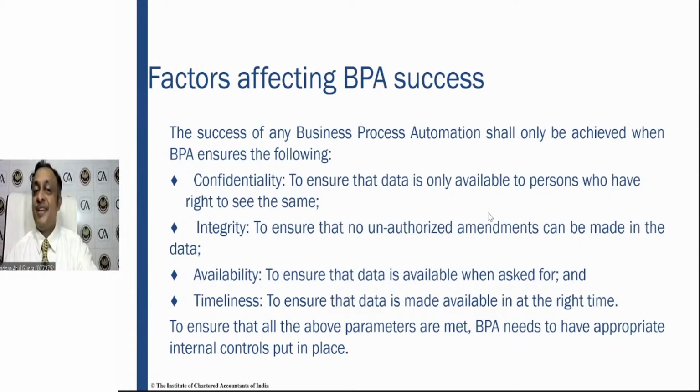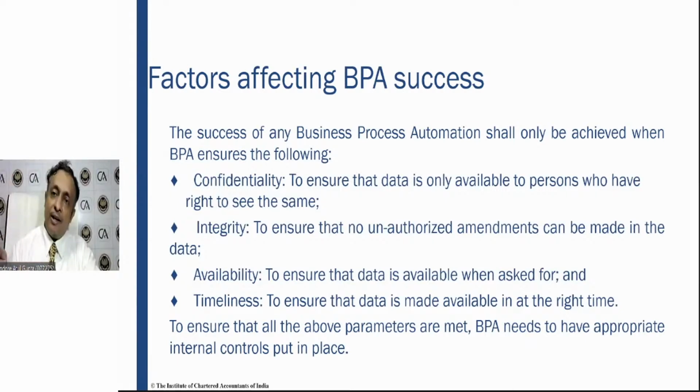Okay. So the success of any business process automation shall only be achieved when these are ensured. What are these? These are very, very, very important words. There are 4 words. The top 3 words are going to be used in technology today, and tomorrow when you come to final.